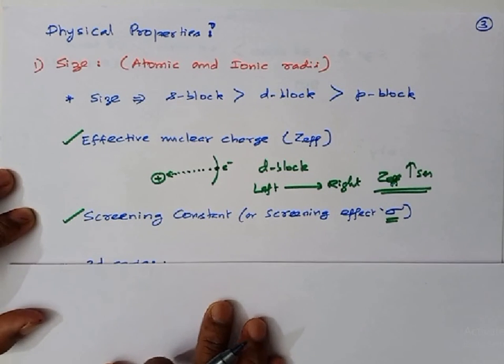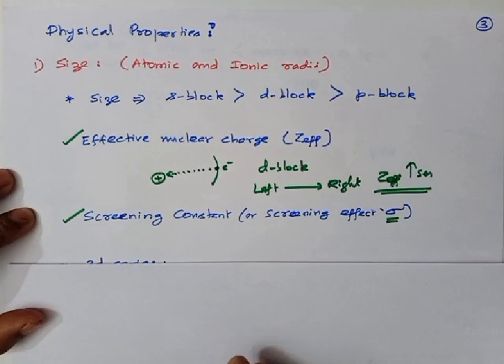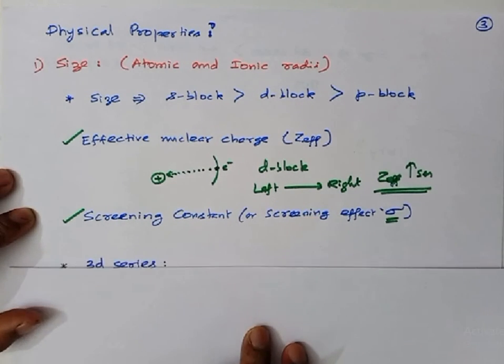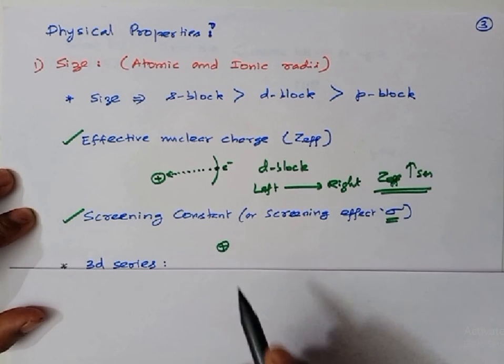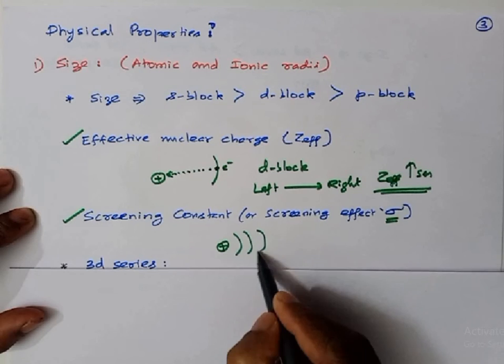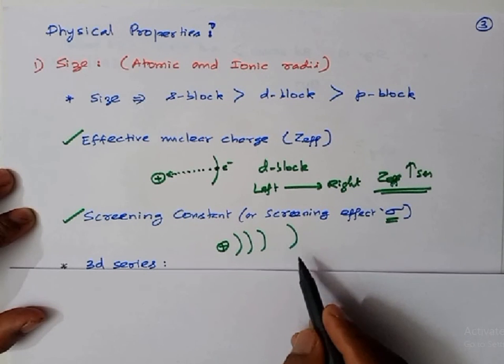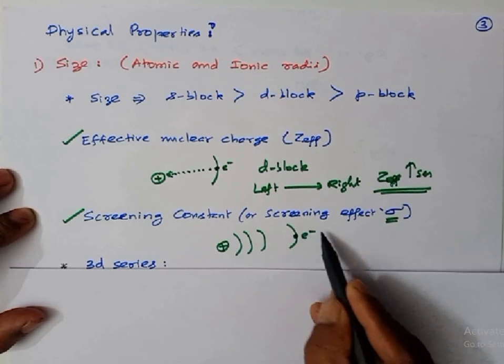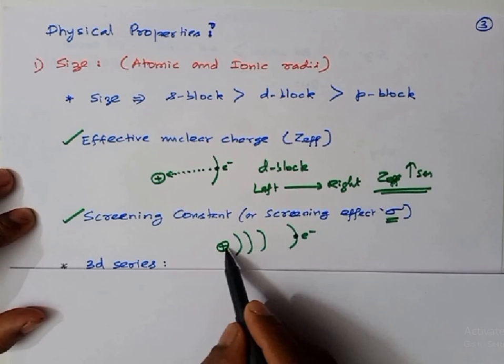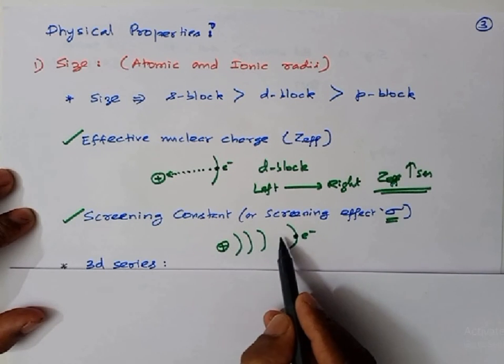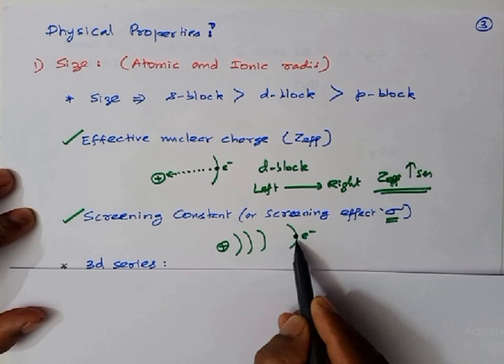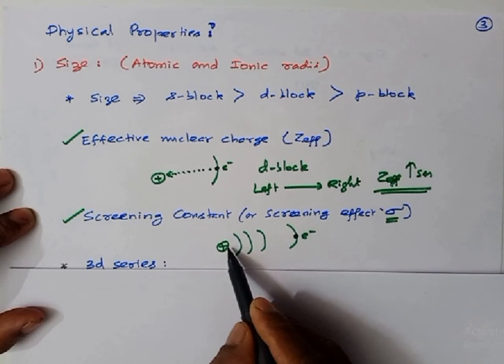Then the next one is, what is meant by screening? What is the meaning of screening effect? You know very well, in an atom you have a nucleus, many inner shells, and an outer shell called the valence shell. Suppose I have an electron here. The nucleus tries to pull that electron towards itself, because electrons are negatively charged and the nucleus is positive.